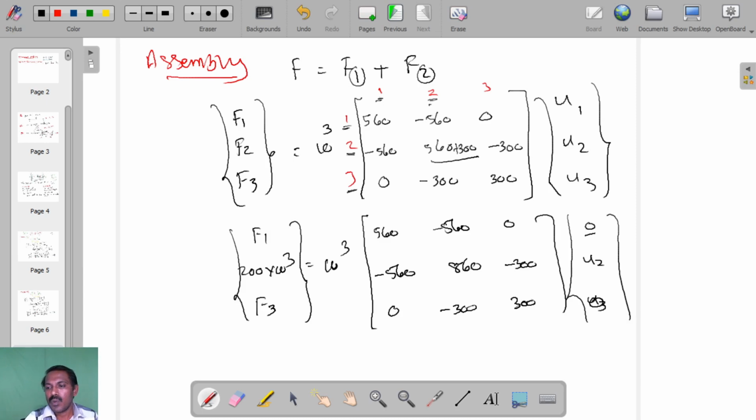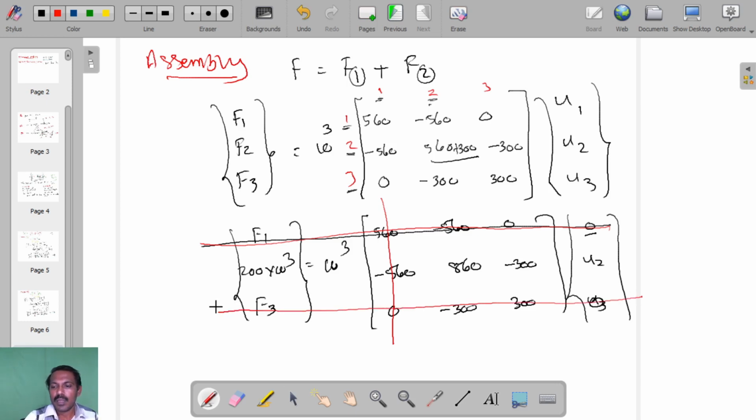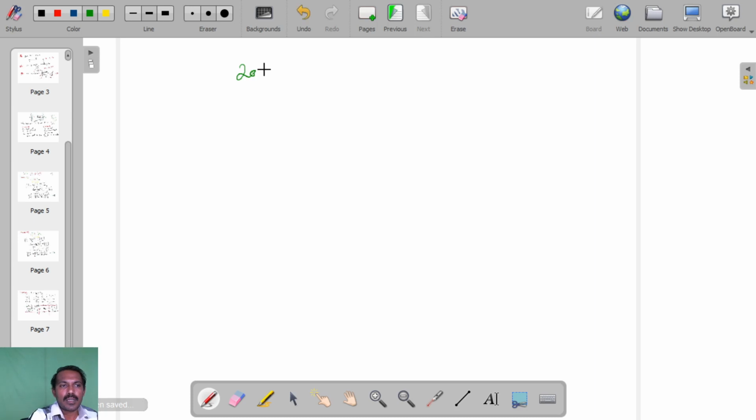Since u1 is 0, the first row and first column are eliminated. Then u3 is 0, so that row and column are eliminated. The remaining values are 200 times 10 power 3 equal to 860 times 10 power 3 times u2.